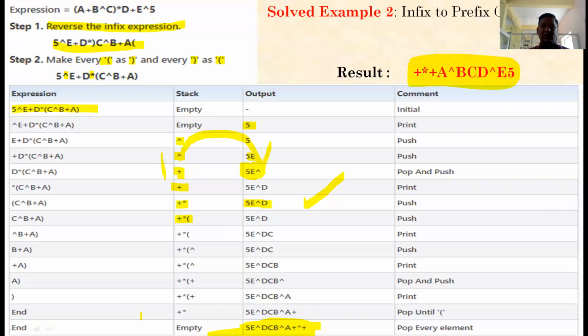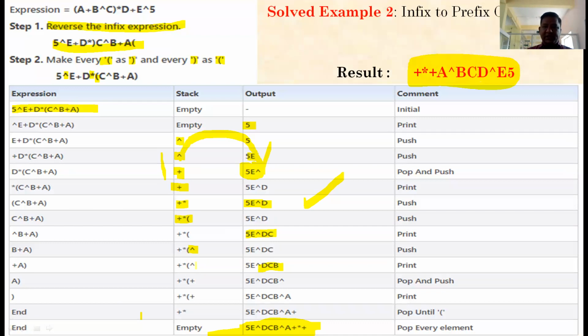Next is the opening bracket. A bracket is encountered, so it will be pushed on the top of the stack. Next, C is encountered, which is an operand, so it will be written in the postfix expression. The exponential operator is encountered next, so it will be added to the stack. Next is B, which is an operand, so you will write it in the postfix expression. Next is plus.